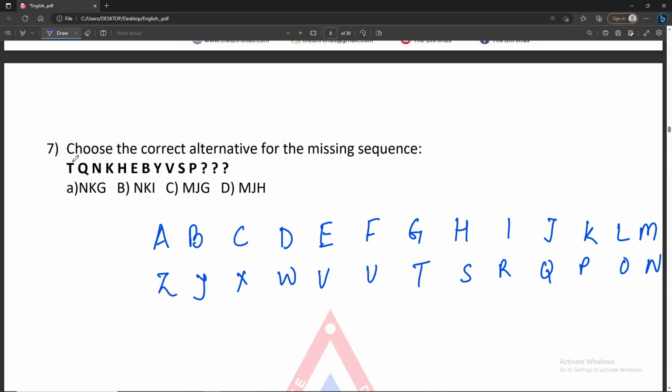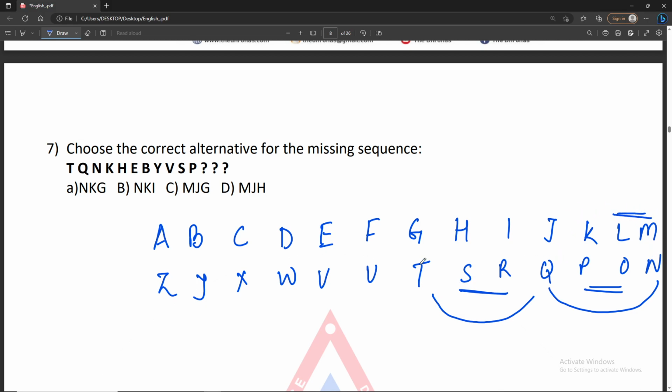So T to Q, there is a gap of two letters. Q goes to N, there is also a gap of two letters. N goes to K, you can also see there is a gap of two letters.